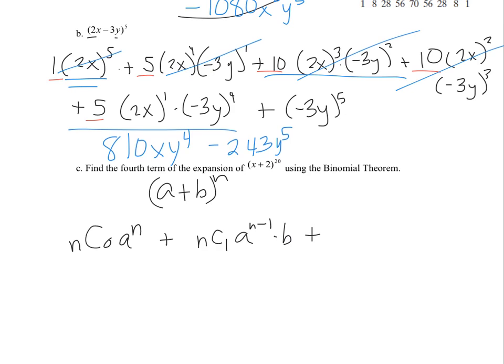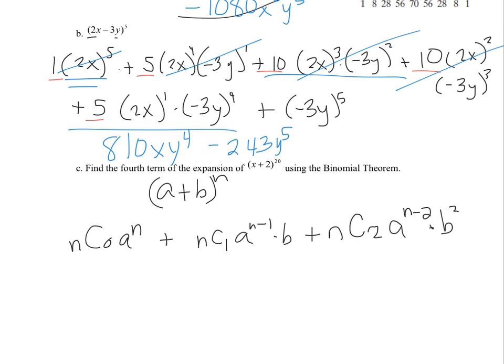So the next one, the pattern is going to be n choose 2. So then the power is going to be a to the n minus 2, right, times b to the second, because that's going up.